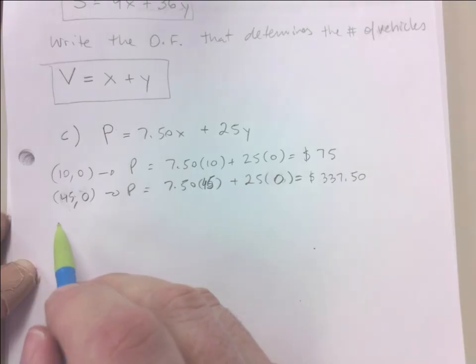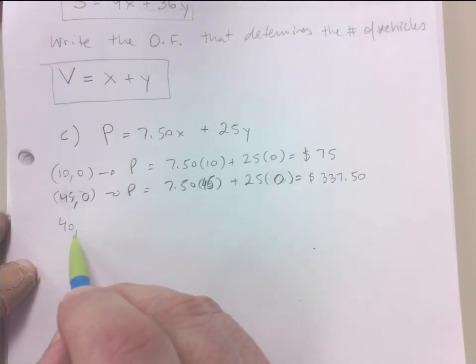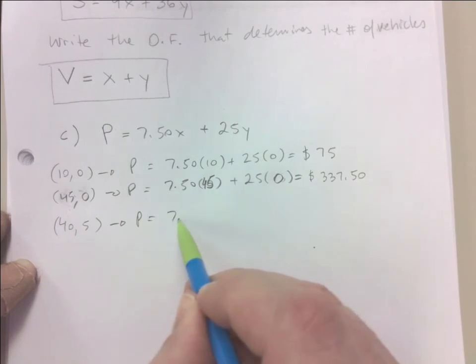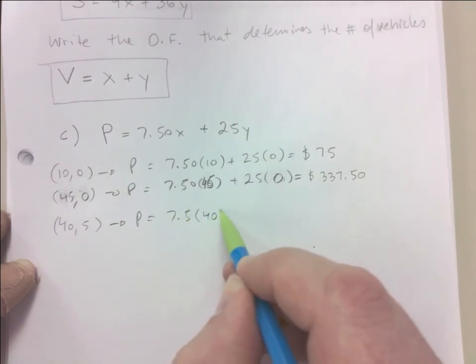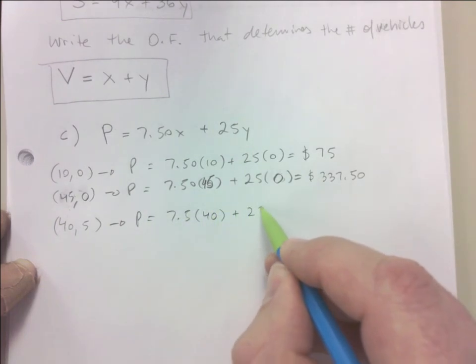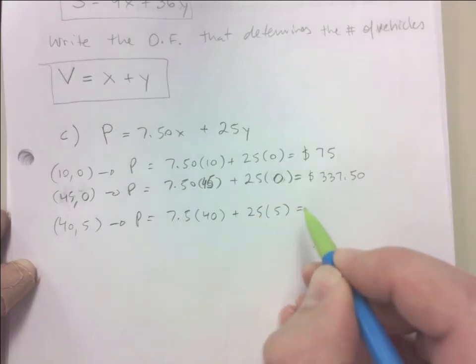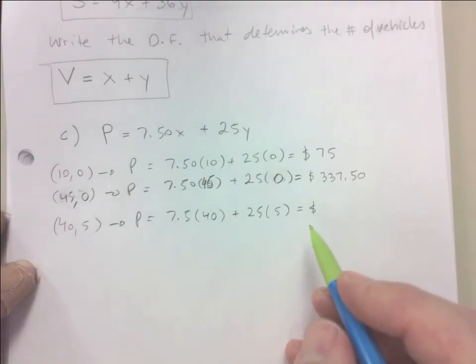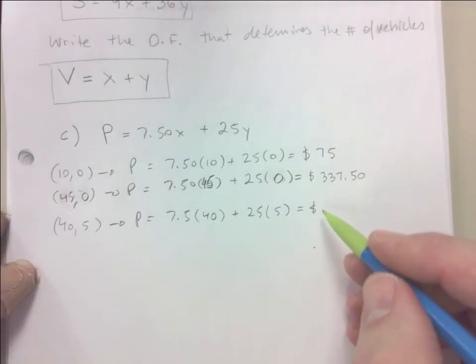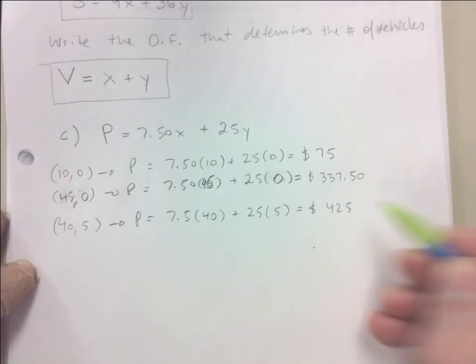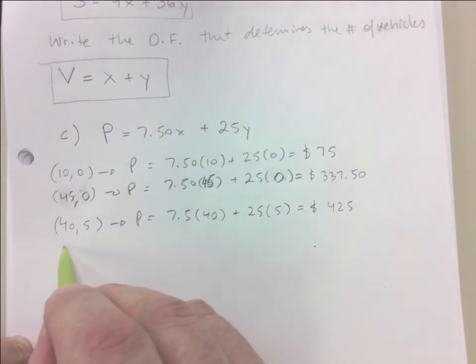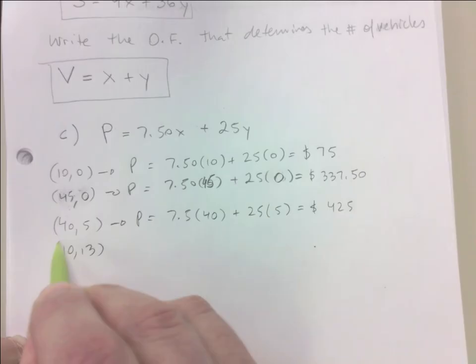Then we've got the 40, 5, 7.50 times 40 plus 25 times 5. You plug this into your calculator as is, you get $425 out of that combination. And then the last one is 10, 13.